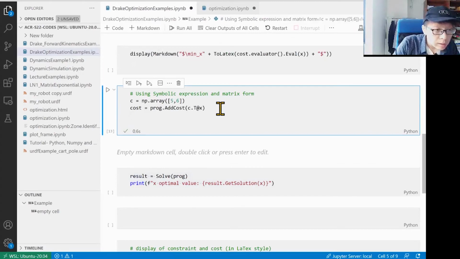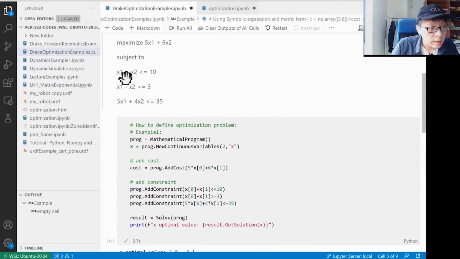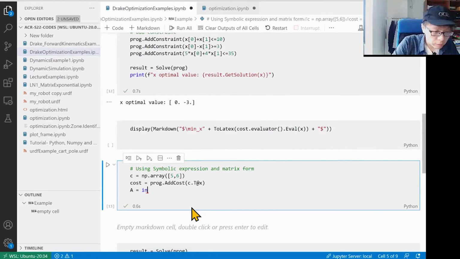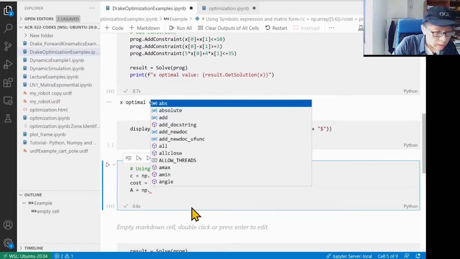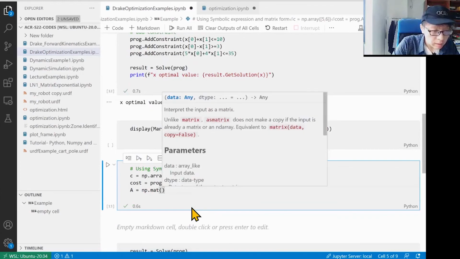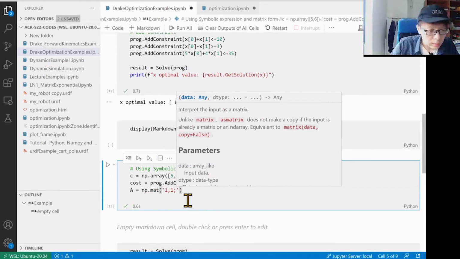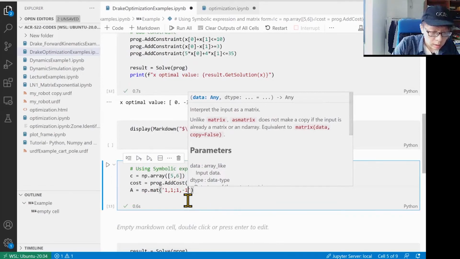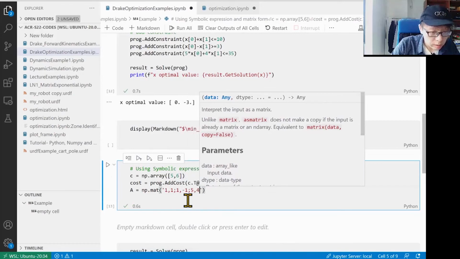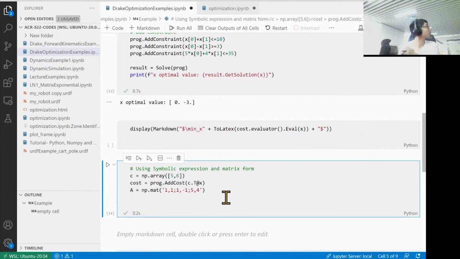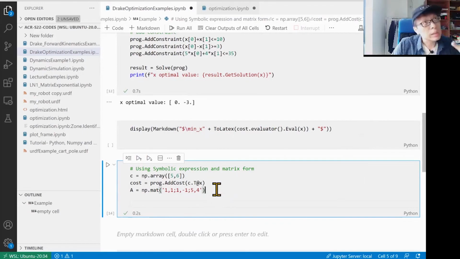What else? Then I can define the constraint like A. I'm not sure whether you can see that directly. This is 1, 1, 1, -1, 5, and 4. That's my A matrix if I want to do matrix form. So numpy dot mat: 1 1, 1 -1, and 5 and 4, right? It should be okay. So how many constraints do I have? I have 3 rows.